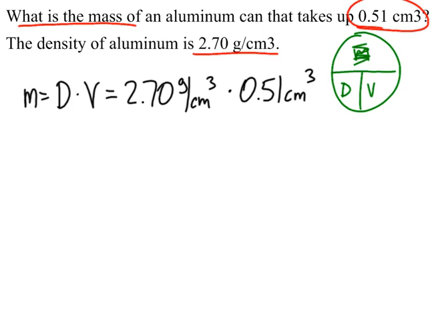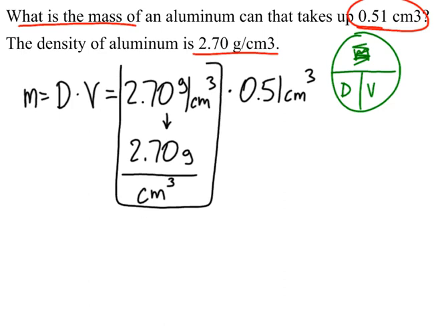Now, when we have this value right here, hopefully everybody can understand that I can rewrite this like this, 2.70 grams per essentially one cubic centimeter, right? These two things right here are the same thing.